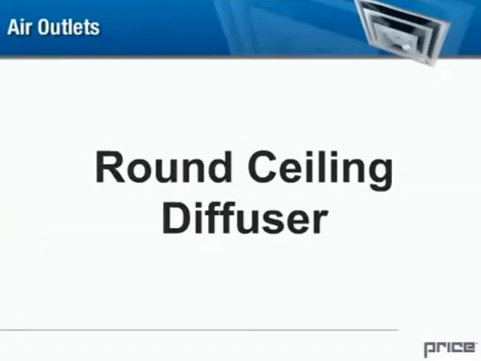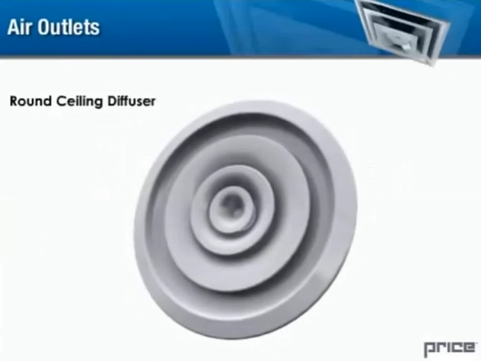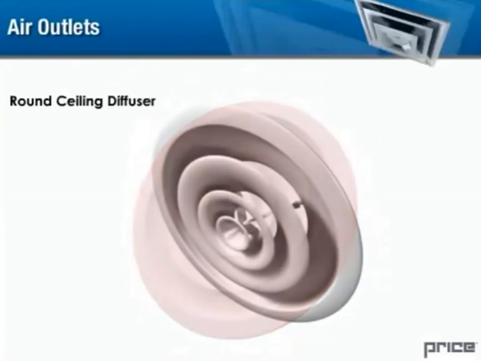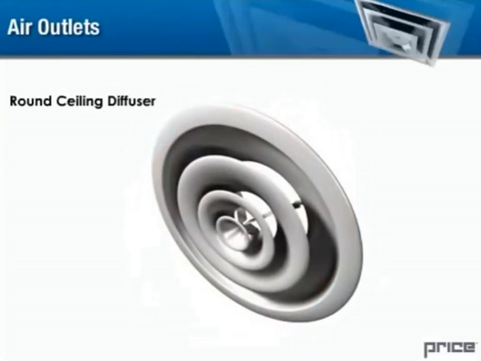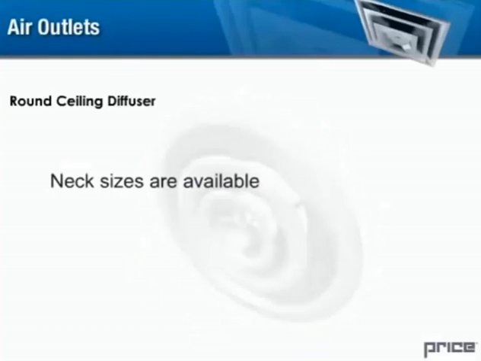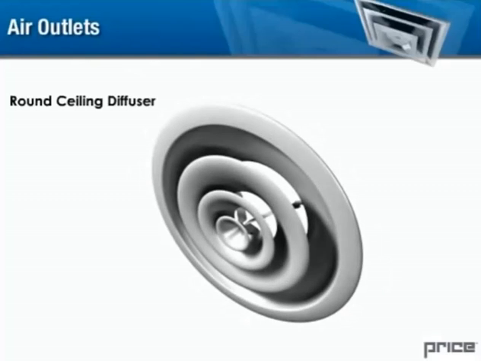Round ceiling diffuser. Round ceiling diffusers consist of several concentric cones or a plaque suspended below the ceiling line by an outer cone. Neck sizes are available from 6 inches to 36 inches, allowing a wide range of air volume selections. Adjustable models are available to provide either horizontal or vertical air patterns.